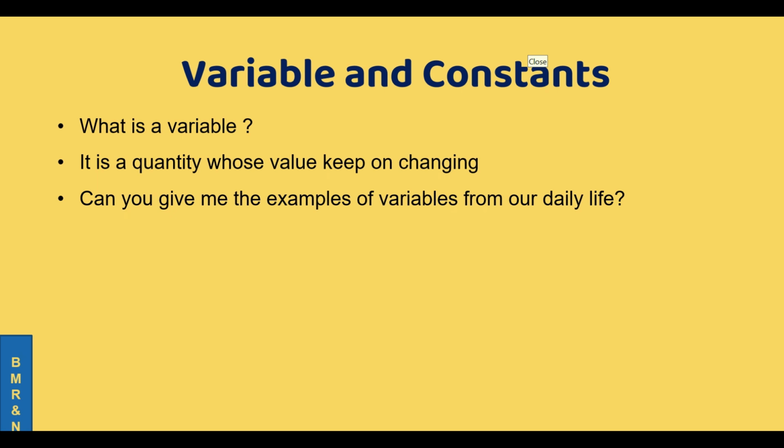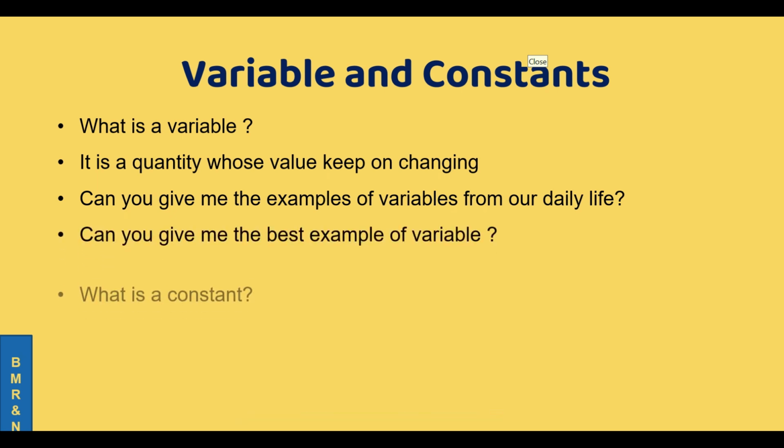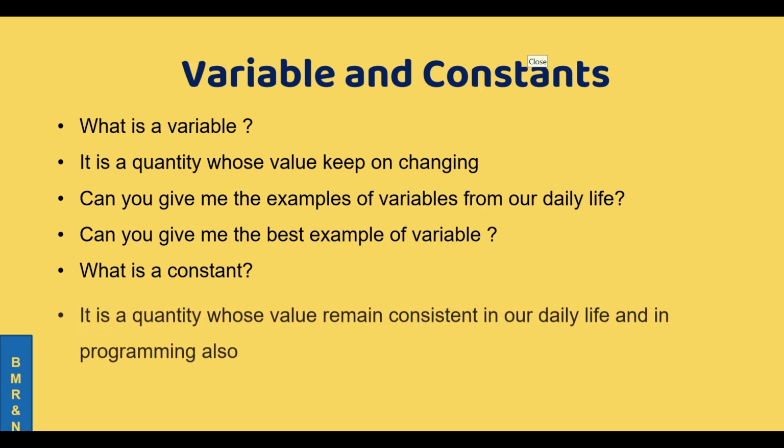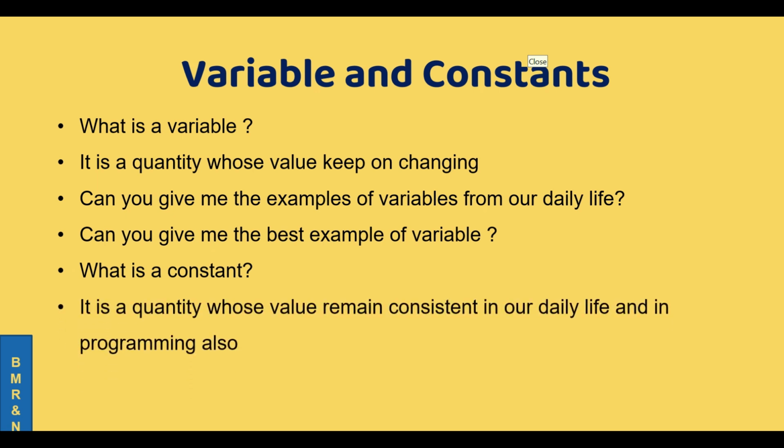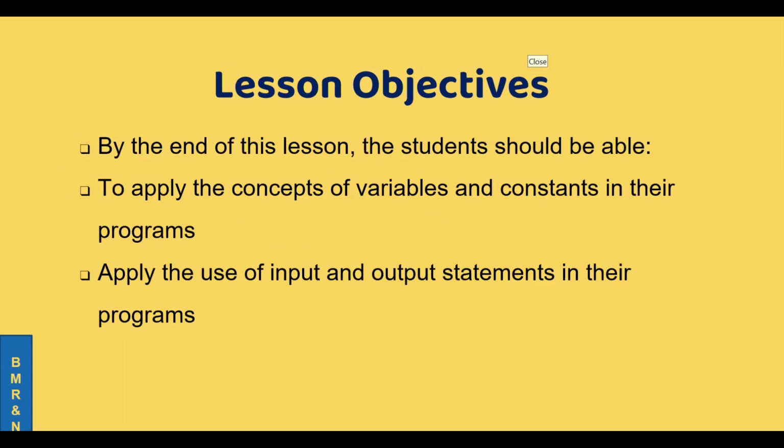In mathematics, we are familiar with x, y, z, which are normally used as variables. A constant is a value which is not changing. It is a quantity whose value remains consistent, in our daily life and in programming also. We will discuss these concepts in detail in the coming slides.